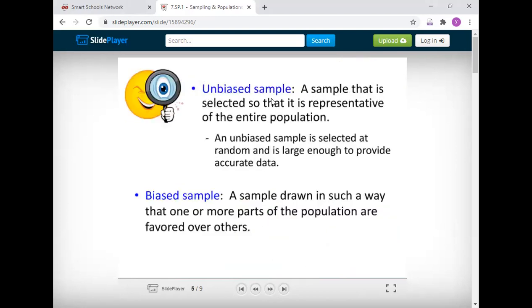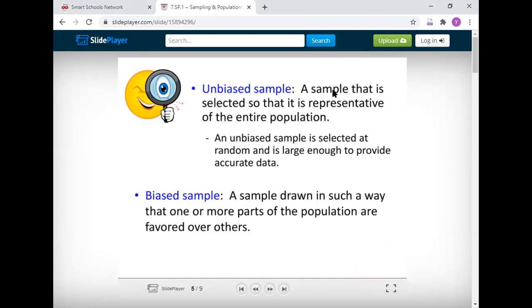We have unbiased sample and biased sample. Unbiased sample: a sample that is selected to show that it is representative of the entire population. This is called unbiased sample. And an unbiased sample is selected at random and is large enough to provide accurate data.